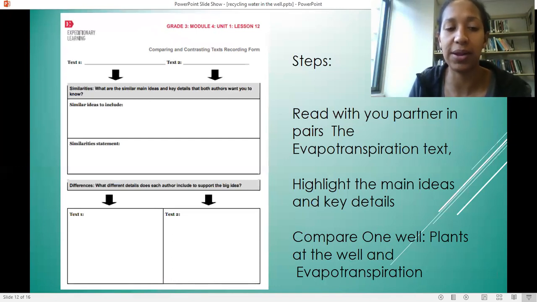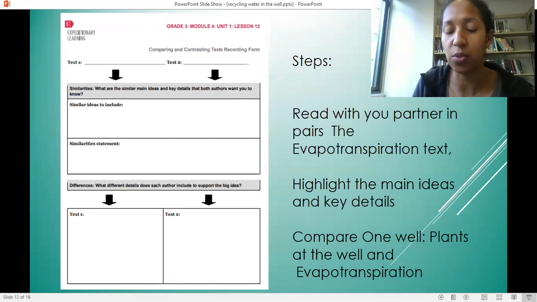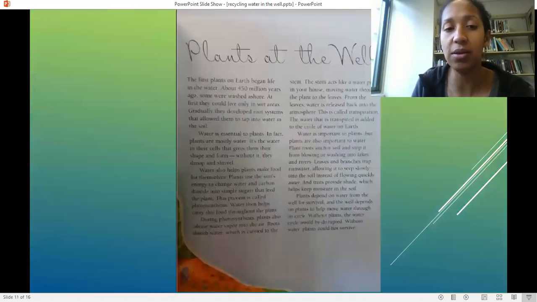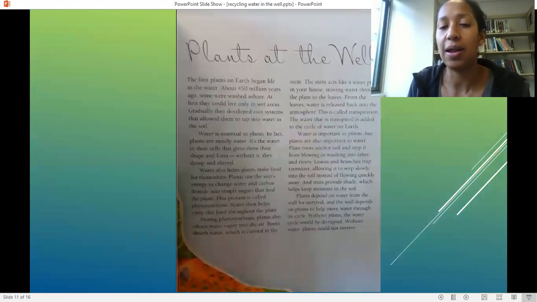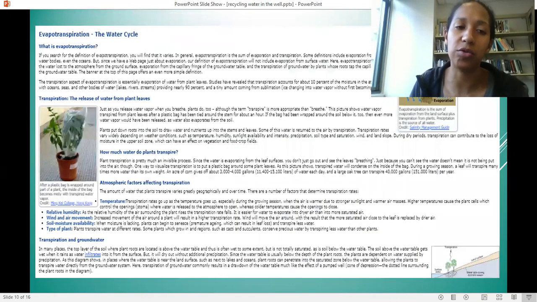I will write down what it says in text one and what it says in text two. In text one, Plants at the Well said that the root system allows plants to bring water into the plant. And it says the same thing in text two: plants put down roots into the soil to draw water and nutrients into the stem and leaves.